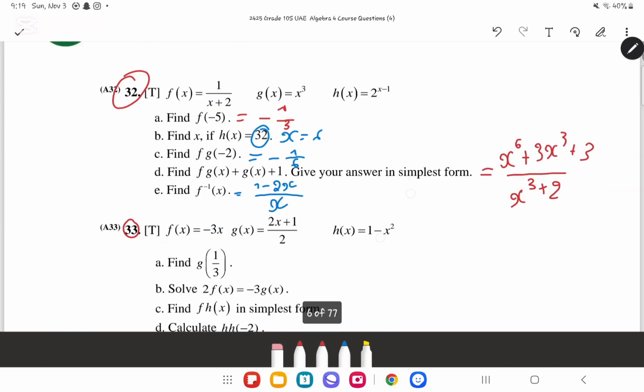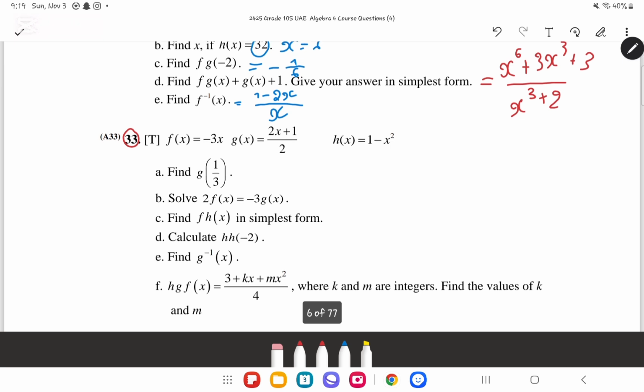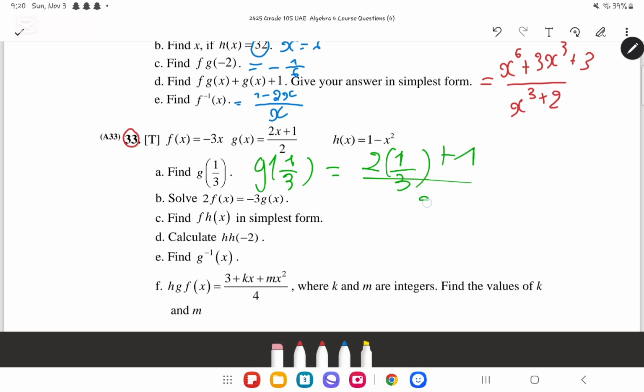So let's start. We have three functions again. They want us to find g of 1 over 3. So very simply substitute 1 over 3 in the function g(x). So g of 1 over 3 is equal to 2 times 1 over 3 plus 1 over 2.